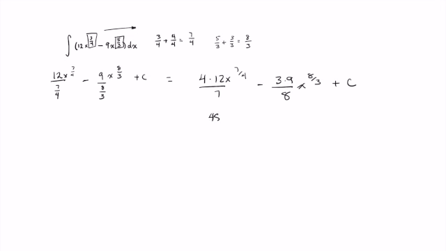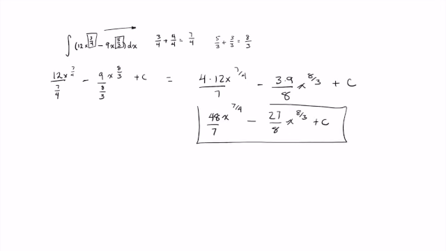I have 48x to the 7/4 over 7 minus 27 over 8 x to the 8/3 plus c. And so you can always check yourself by taking the derivative again. It's an easy way. They're fast most of the time to figure out how these basic integrals work.